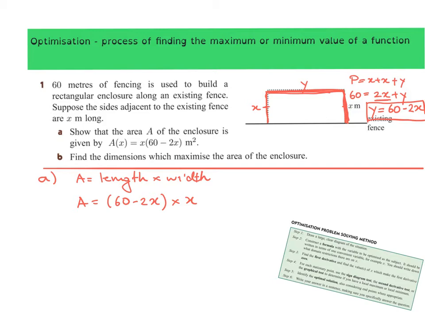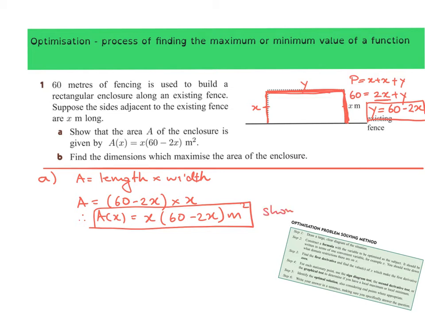We can see that what has been shown is exactly the same or similar. If you really want it in the same form, just rearrange with x in front, since it doesn't make any difference in multiplication, and add the units. So this part has been shown. That would be our step 2.